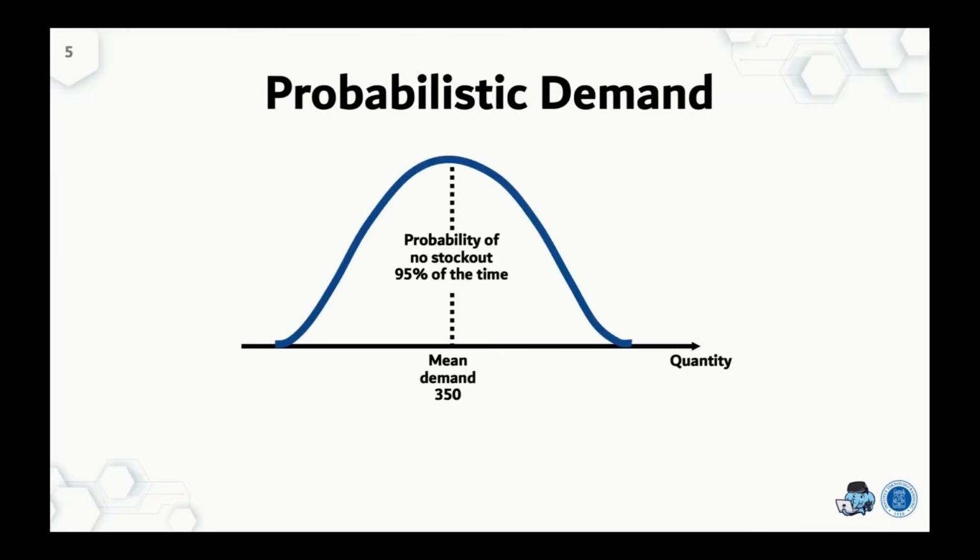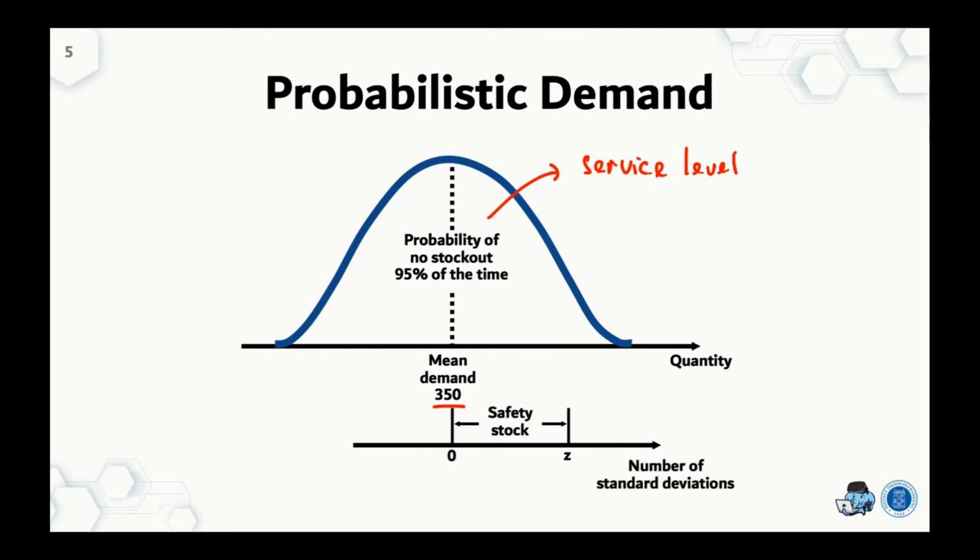Let's illustrate in this figure. Consider the situation where the mean of the demand during the lead time is 350, and the management determined that 90% of the time we can fulfill the customer demand. This is the service level set by the management.